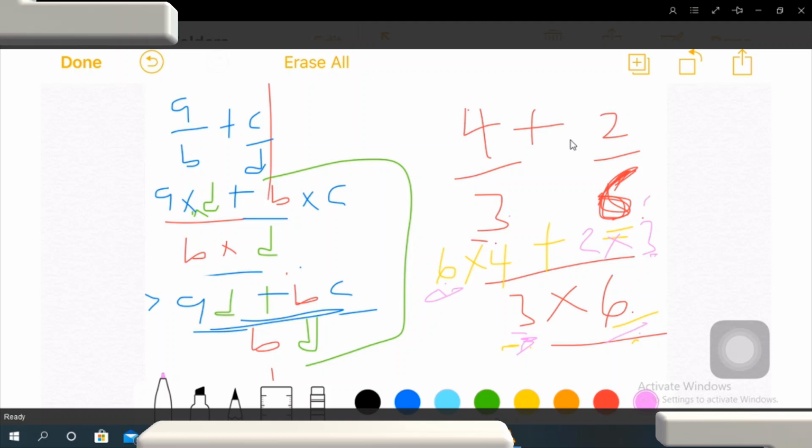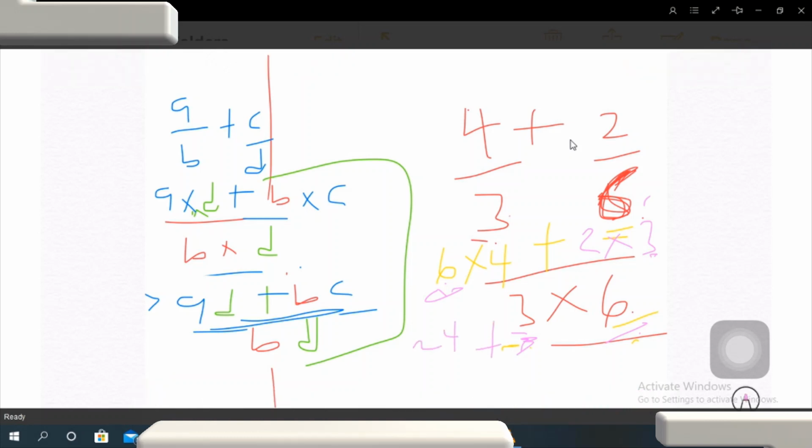So 6 times 4 is 24. 2 times 3 is 6. Over 6 times 3 is 18. This is equal to 30 over 18. So that's it.